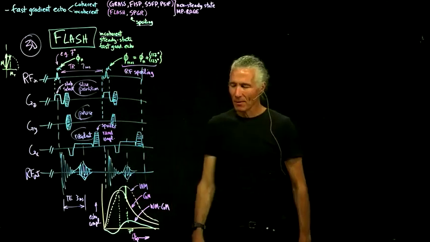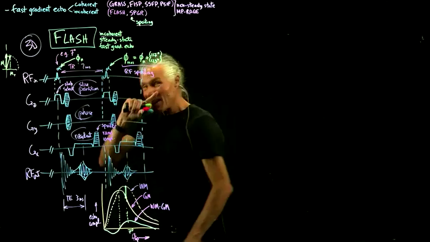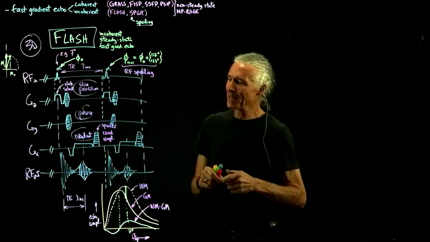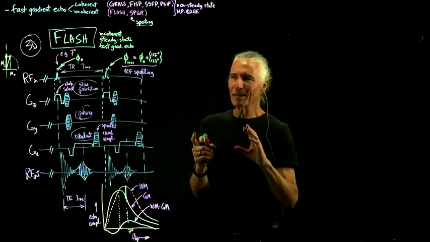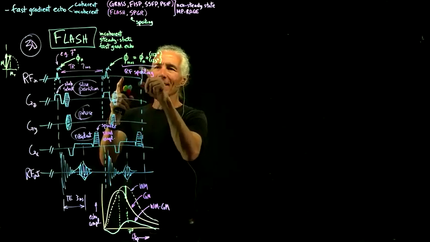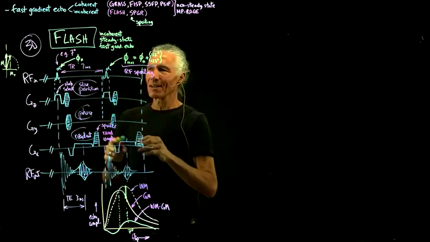Early on, people figured out, like I said, slow gradient echo is easy to understand. Fast gradient echo is a little bit more messy because we've got this spoiling going on.